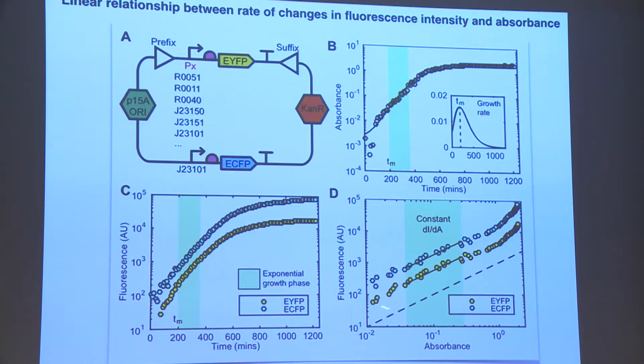But if you then express these two functions, essentially the rate of accumulation of fluorescence and the rate of accumulation of absorbance, and plot them against each other, you get a straight line relationship, which makes it easy to measure. And this provides essentially a parameter that we call alpha, which is an estimate of, for a particular condition, what proportion of the cell's effort is going to make this fluorescent protein and the rate at which it accumulates.